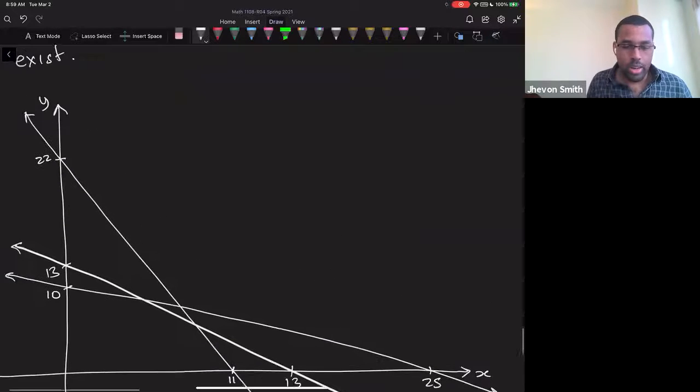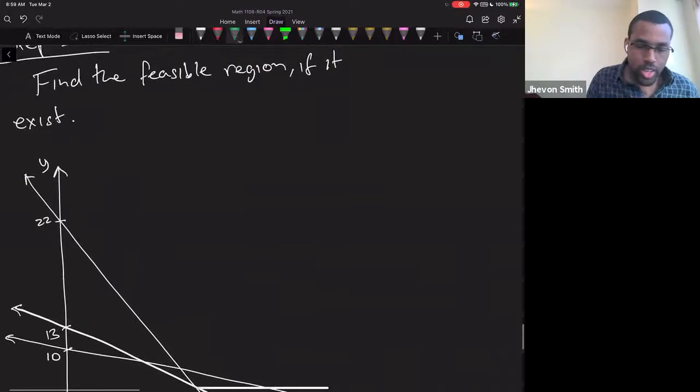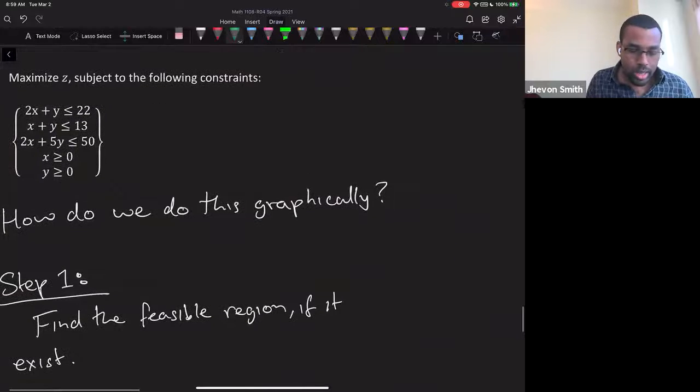Now let's figure out the feasible regions. So what do we want? It's actually less than or equal to for all of them. And it's easy to see that if you solve for y, you would have y's less than or equal to, so you want to be below all the lines here.